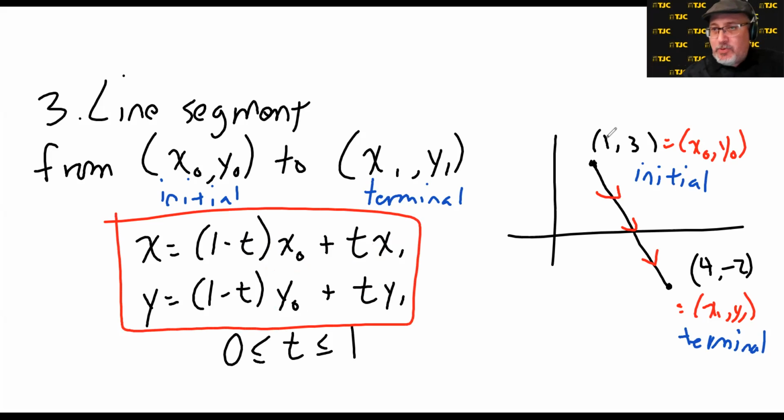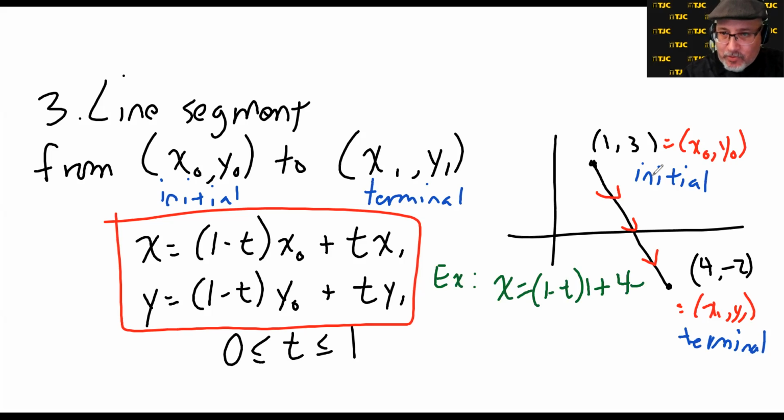What would it look like for this particular parametric curve? Well, let's just put in all the numbers. X would be 1 minus t times the initial x coordinate, which is 1, plus t times the terminal x coordinate, which is 4.